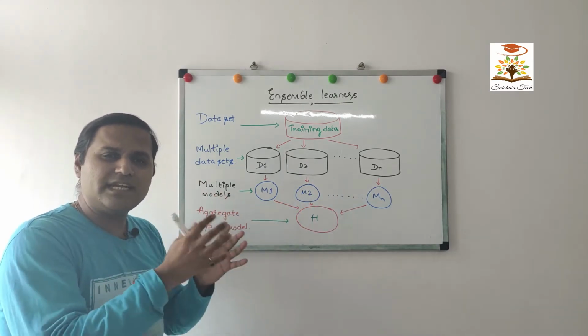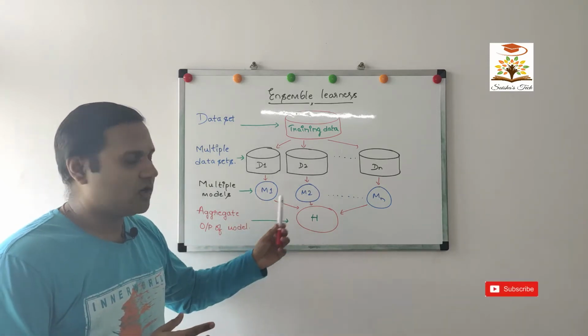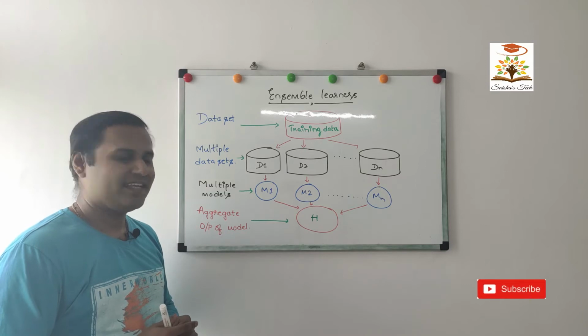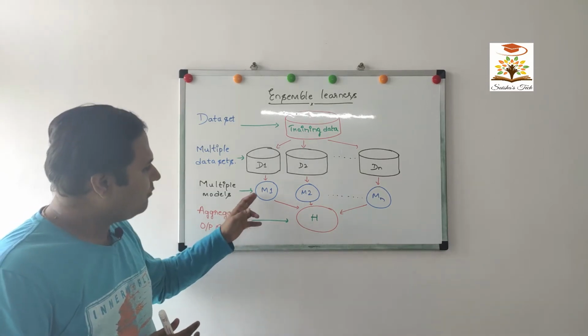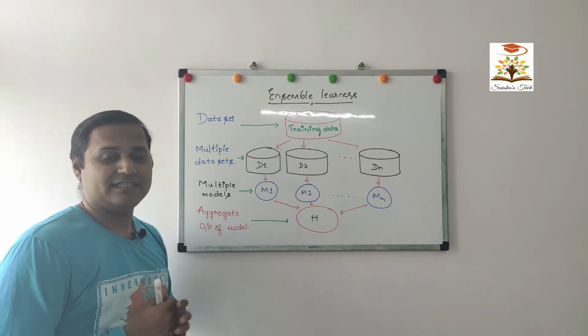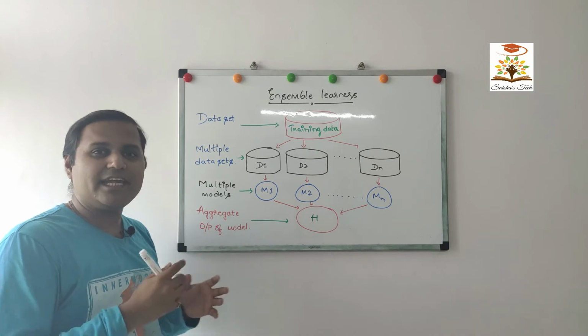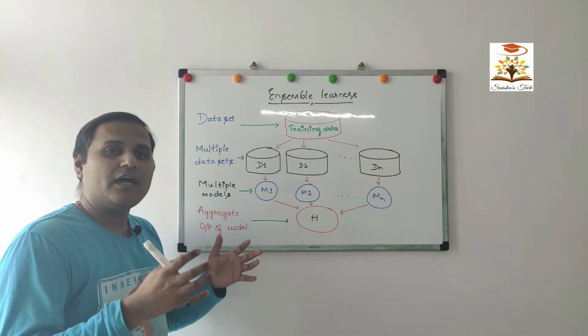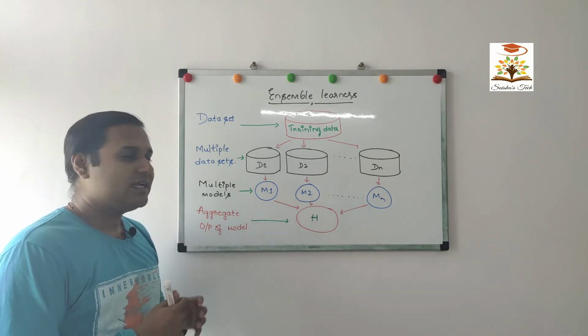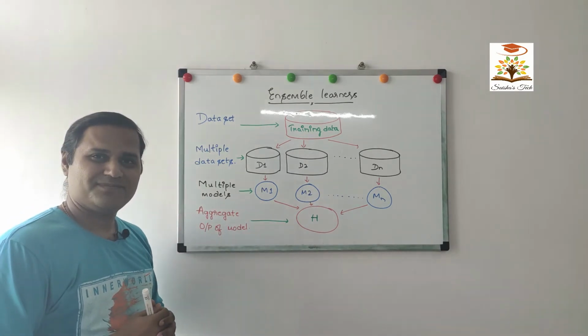For each of these data sets, we build multiple models that can be called as M1, M2 till Mn. Then in the last step, we aggregate the model outputs for the multiple data models.